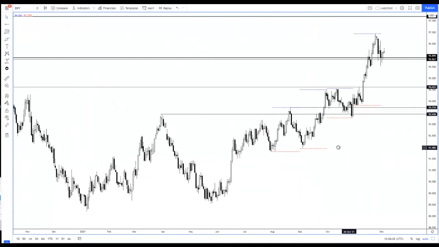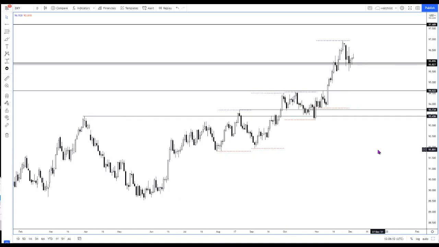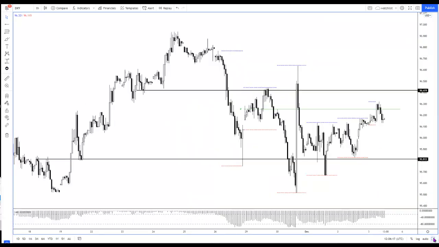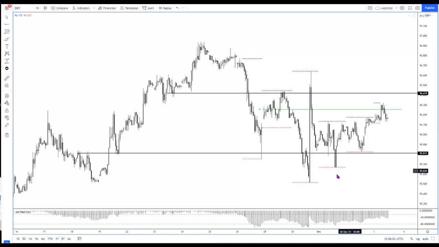But if numbers come out as expected, I'm going to look for US dollar longs, of course, after the release, paying attention to this no trade range. What I'm looking at after the release of this employment data out of the US is a break of these highs and the previous lows, so a break above the 96.40 level.